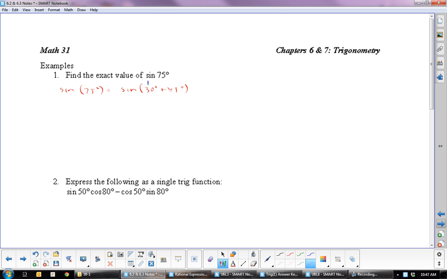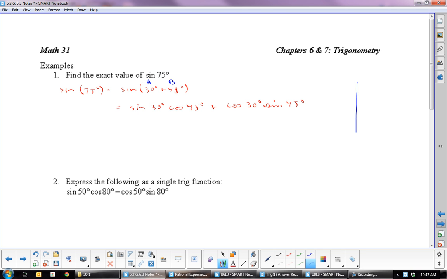And if you want, you can call that A and that B. All you're going to do in the formula is wherever you see an A, put in 30, wherever you see a B, put in 45, and then we'll be able to find the exact value. So this would equal sine A, which is 30 degrees, cos B, which is 45 degrees, plus cos A, which is 30 degrees, sine B, which is 45 degrees.